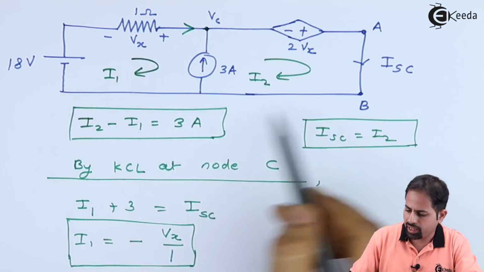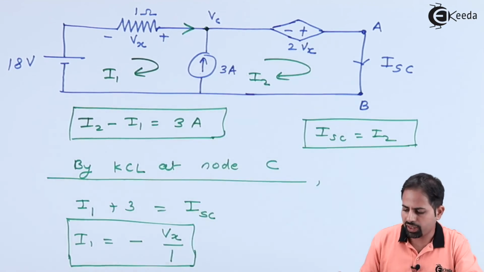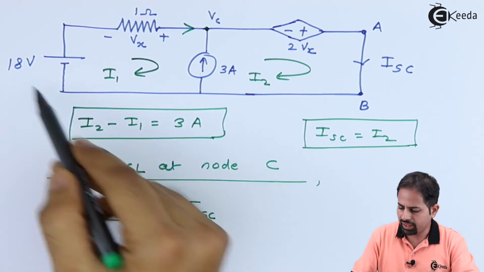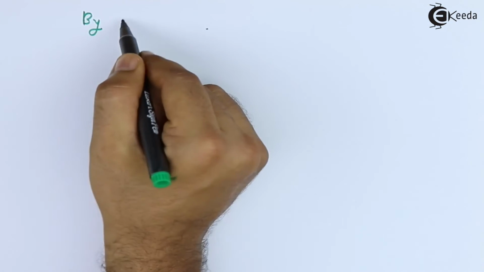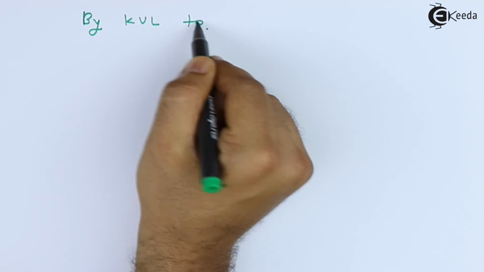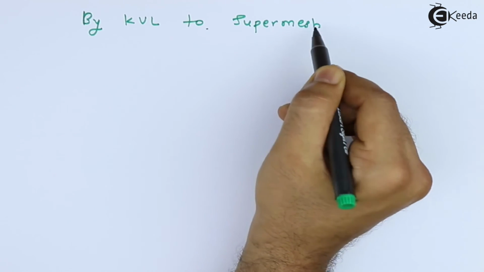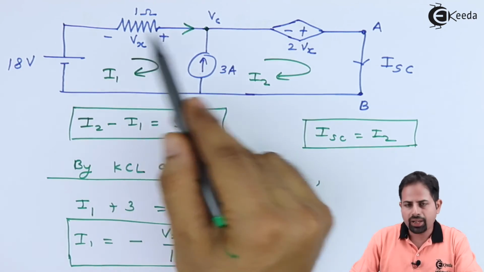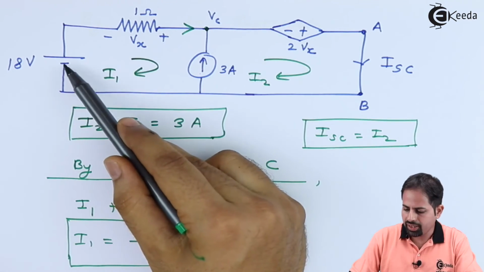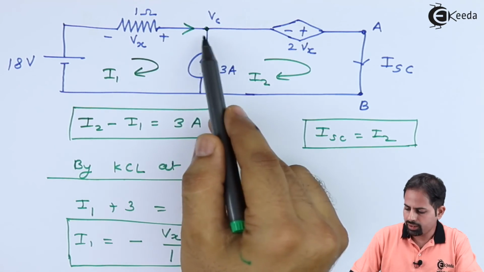For that also, again we can apply KVL to this entire super mesh and we can get the value of Vx. So let's again apply the KVL. Here you can see, if we apply super mesh, then 18 plus Vx, because it's minus plus, then this will be open.